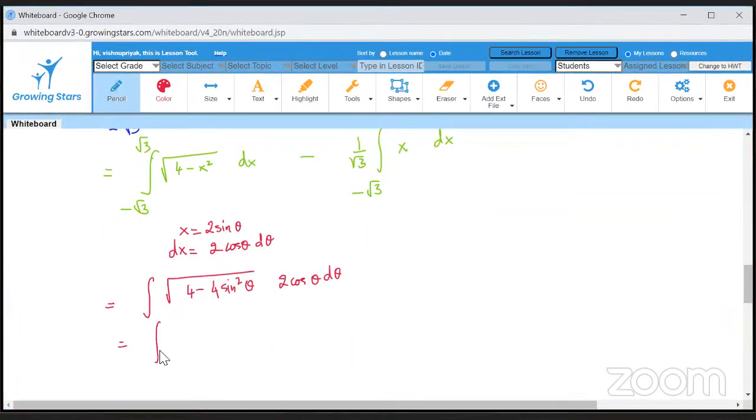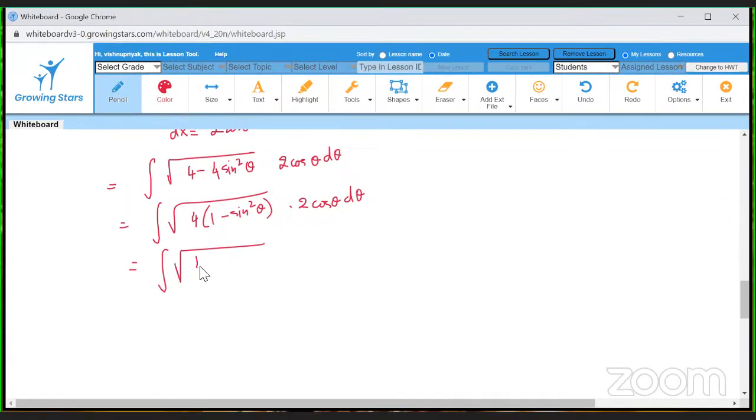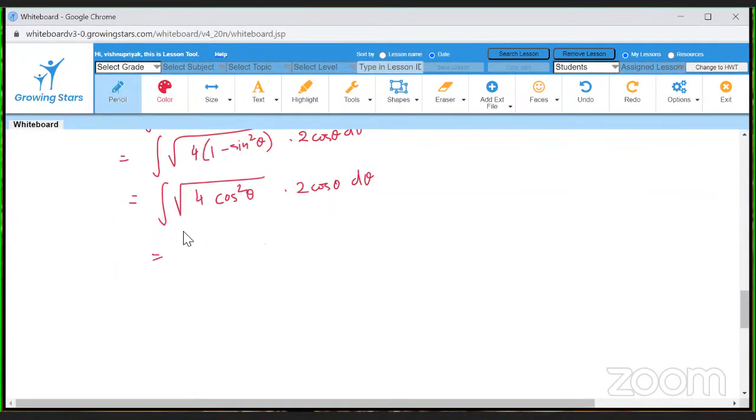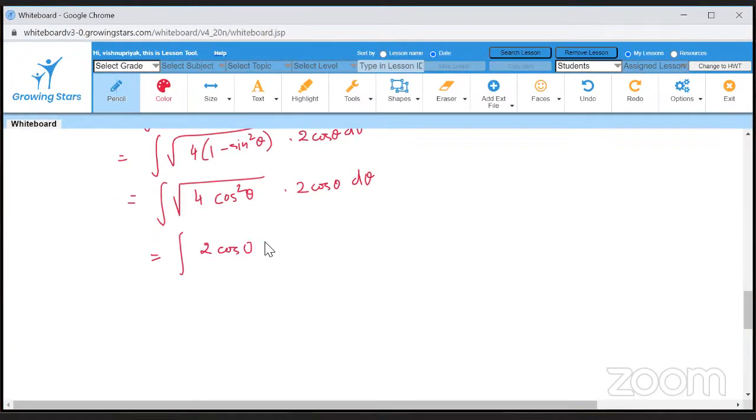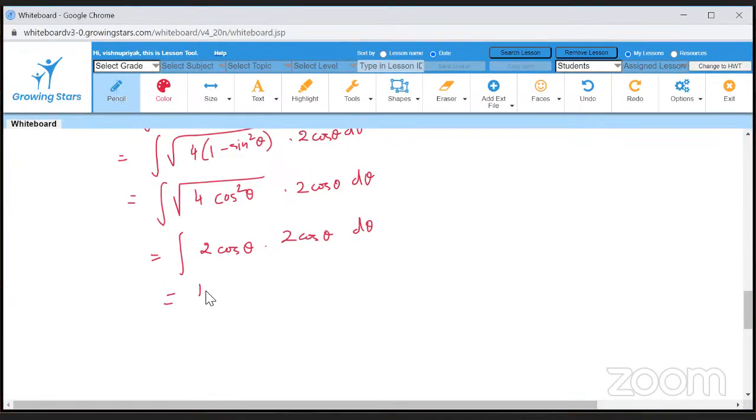And then I can take 4 outside, 1 minus sine square theta, 2 cos theta d theta. See how easy it is becoming? 4, 1 minus sine square theta is cos square, and square root of 4 cos square theta is 2 cos theta, into 2 cos theta. So 4 is outside, cos square theta.